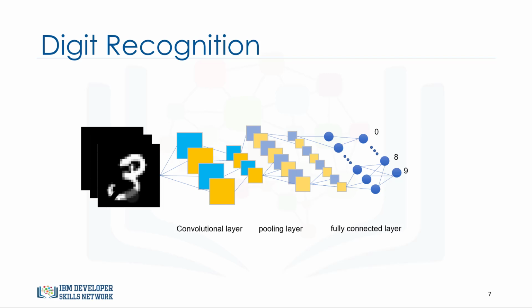The convolutional layer applies a convolution operation to the input and passes the result to the next layer. The pooling layer combines the outputs of a cluster of neurons in the previous layer into a single neuron in the next layer. And then, the fully connected layers connect every neuron in the previous layer to every neuron in the next layer.